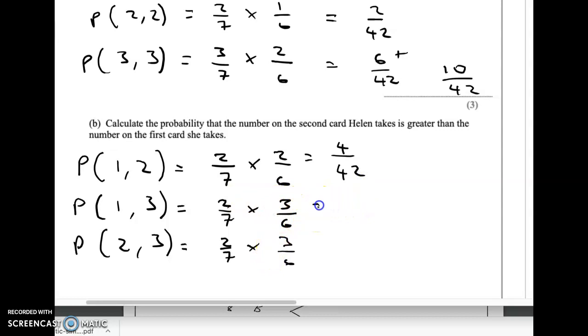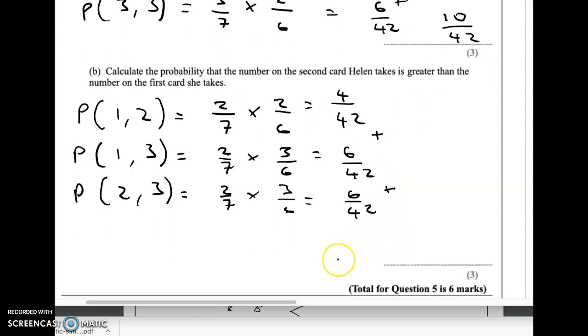This one equals 6 over 42, and so does this one, 6 over 42. So because these are all our possibilities, we add them all up to get a total. You're going to get 16 over 42. So we can divide that, 8 over 21.